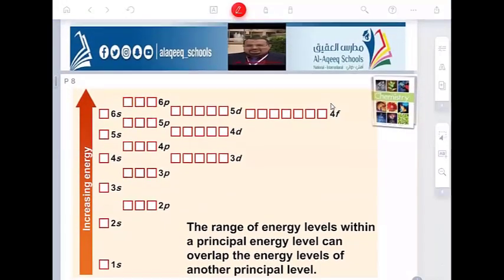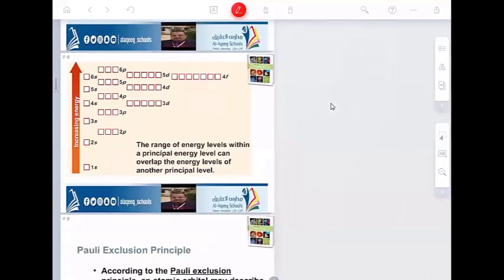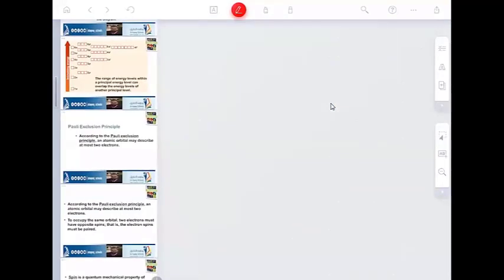I will draw something here that is not in the book, to make it easier for you to write the electron configuration. Please, everyone, do it in your copybook, or draw as I'm drawing now.